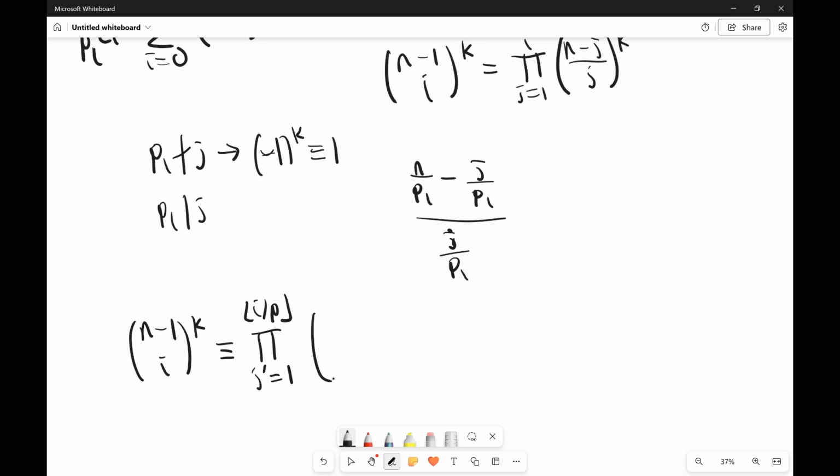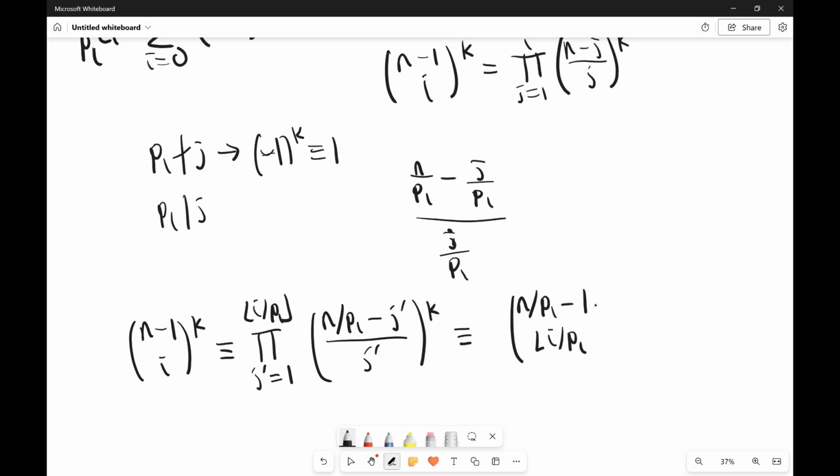Then it is n over p_l minus j prime over j prime to the k, which is just n over p_l minus 1 choose i over p_l to the k modulo p_l to the e_l.